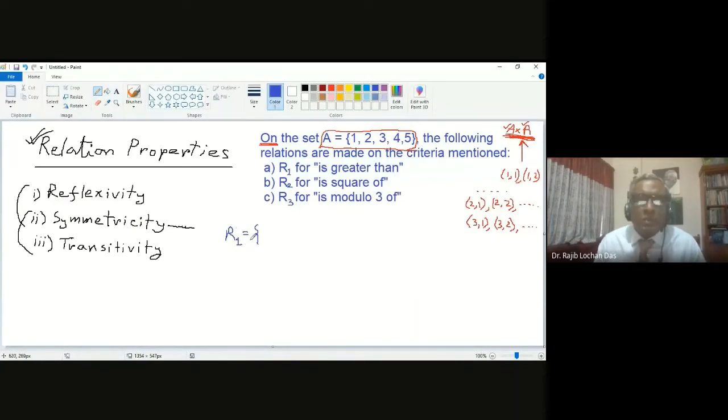Now you think about R1. R1 will have pairs like what? Can you have (1,1) in R1?